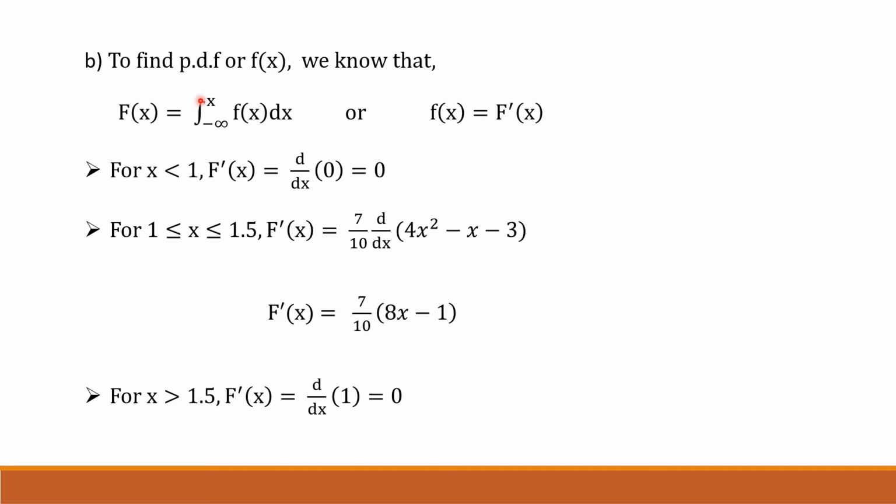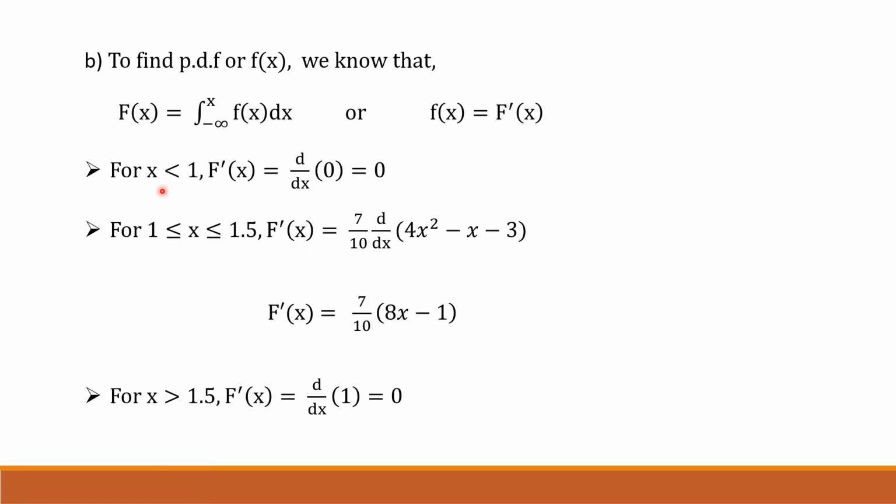For probability density function or f of x in part B, we know that the cumulative distribution function at any x is equal to the integral of probability density function from minus infinity to x, or we can say that the probability density function is equal to the derivative of cumulative distribution function.